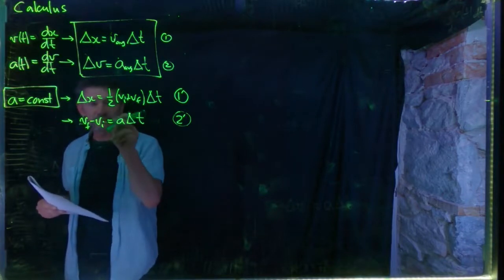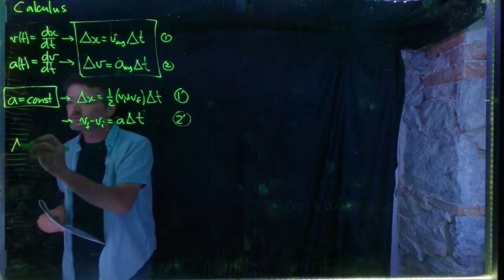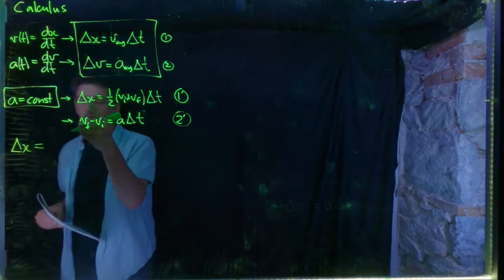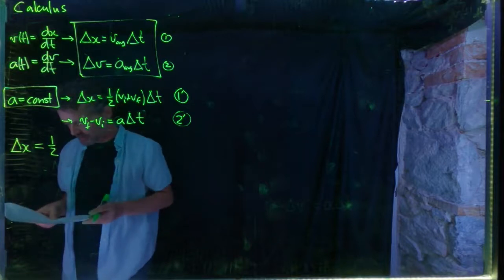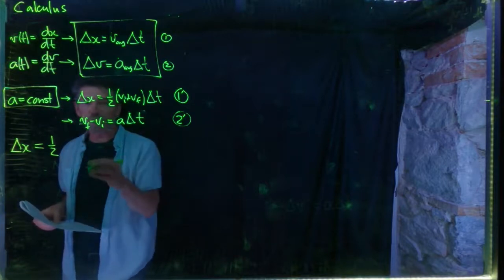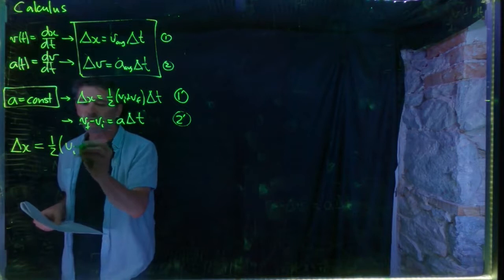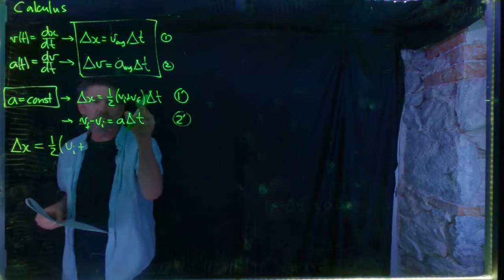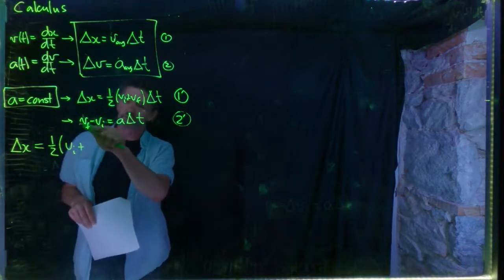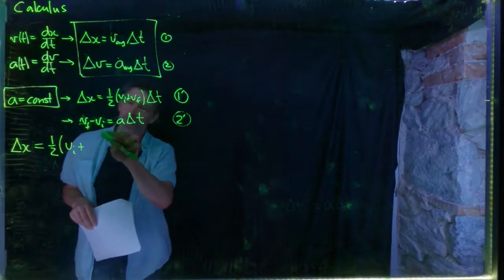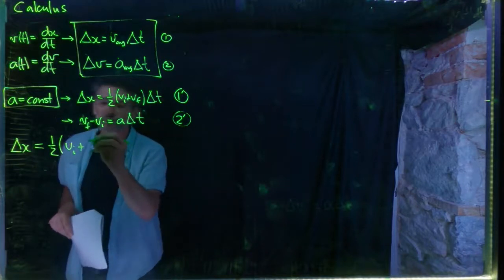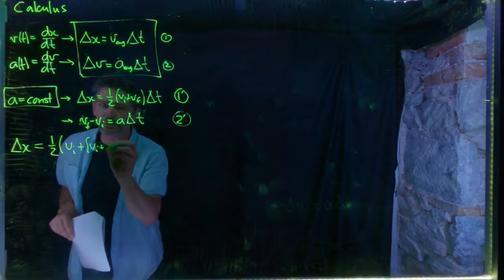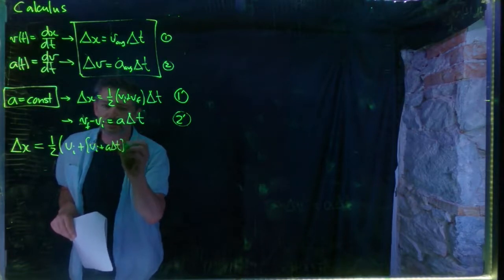So let's start by substituting this guy into here. So see what happens. So then we have delta x, which is x final minus x initial, is equal to 1/2. And which one do we want to substitute? Let's substitute for v final. So that's 1/2 v initial, and then we want to add v final. Well, solving this equation for v final, taking the negative v initial to the right-hand side, v final is equal to v initial plus a delta t. Okay?